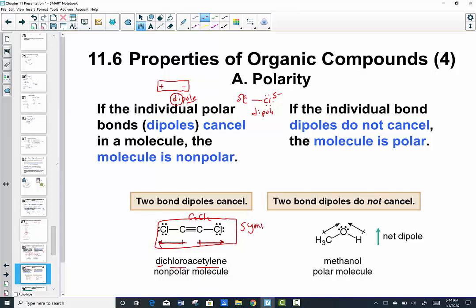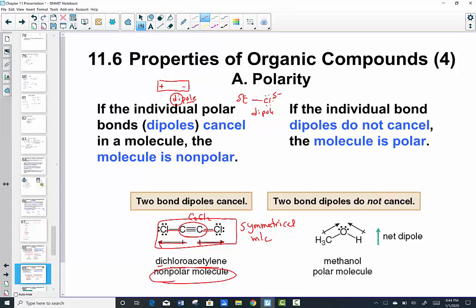It's a perfectly symmetrical molecule. This carbon to carbon triple bond is nonpolar, but the bonds leading out to the chlorines are indeed polar, but since they're equally distributed, the molecule itself ends up being nonpolar.